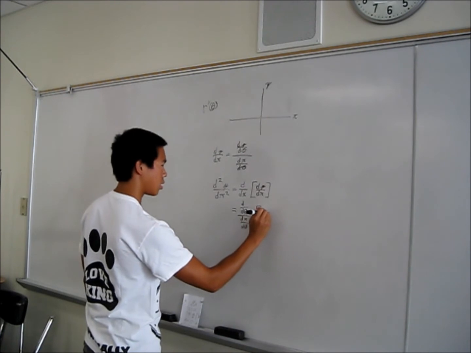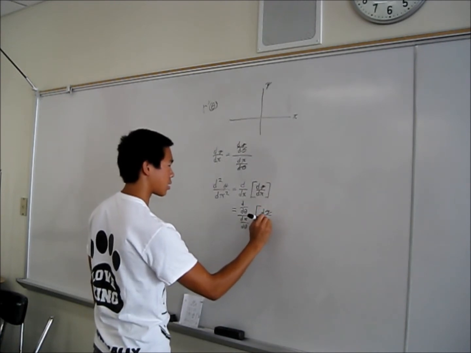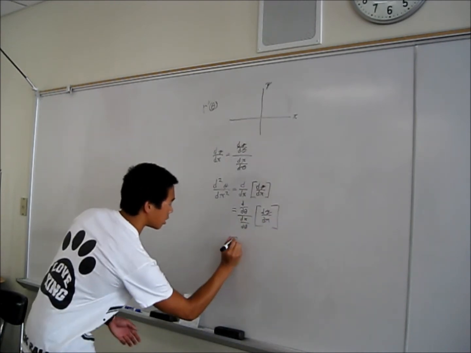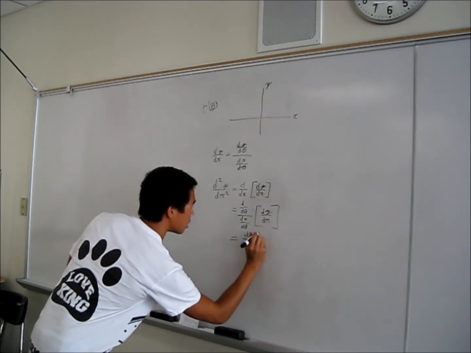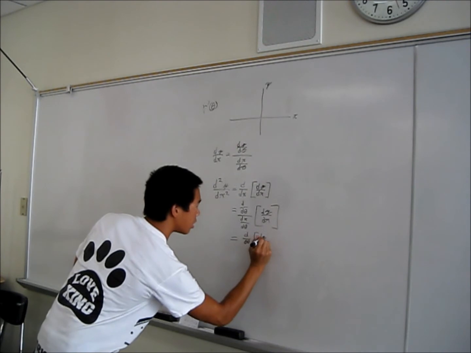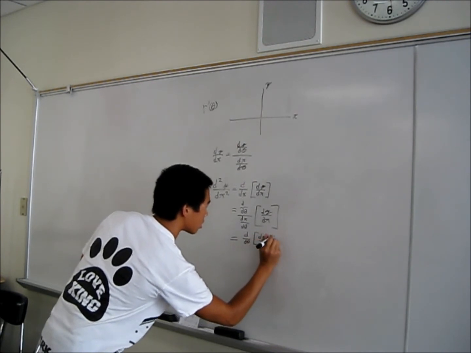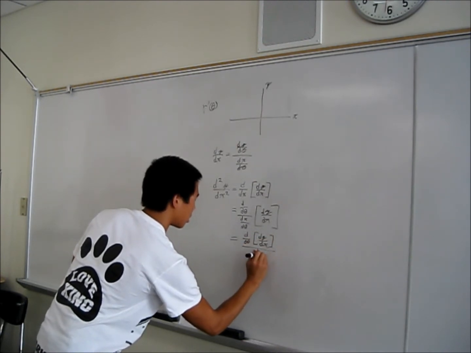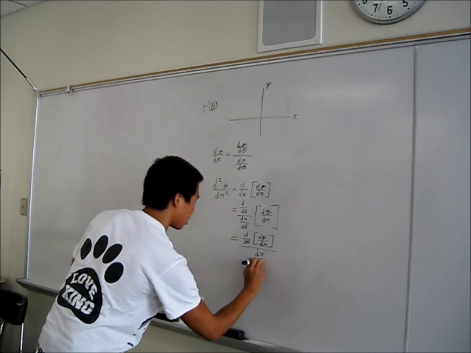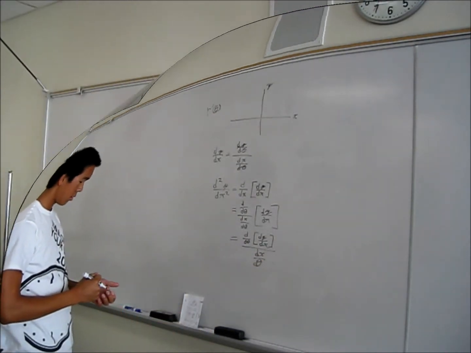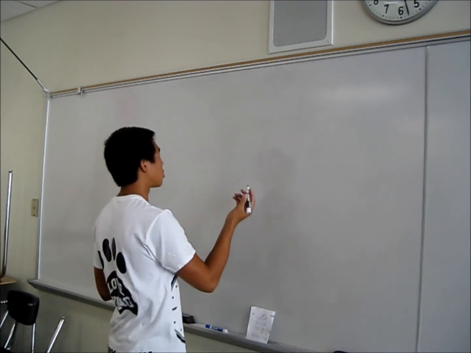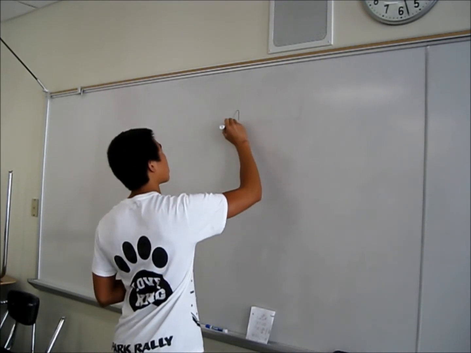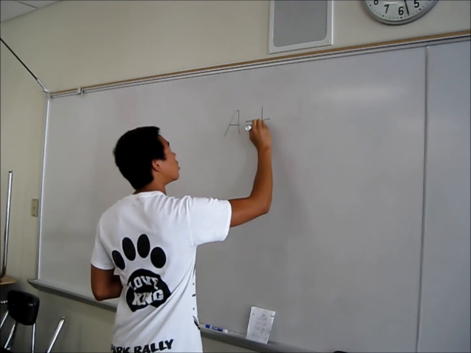That would give us d over d theta of dy dx over dx d theta.